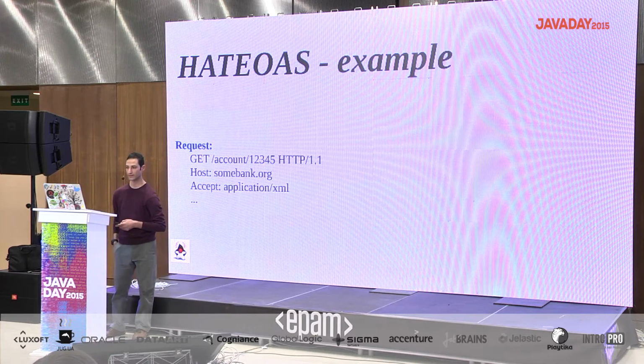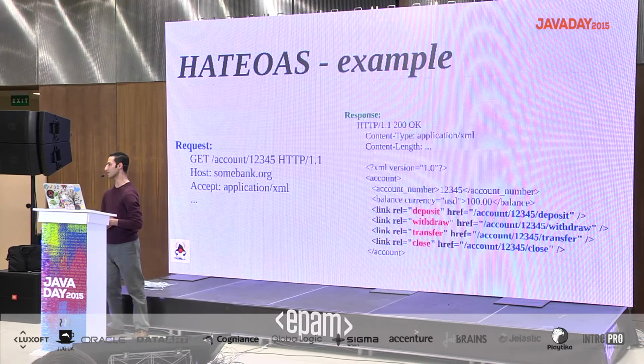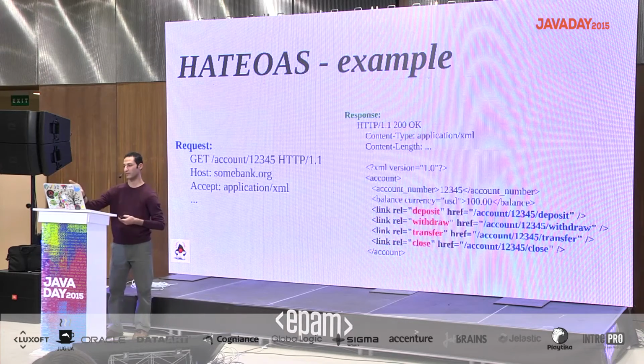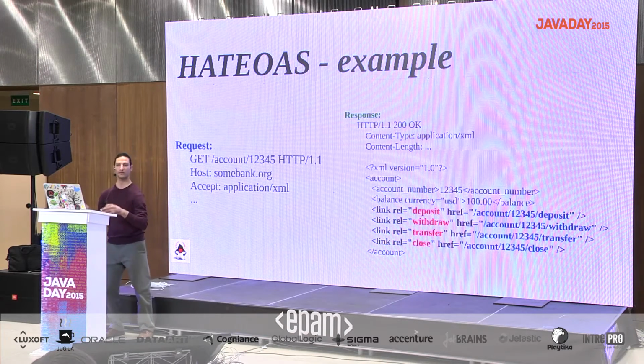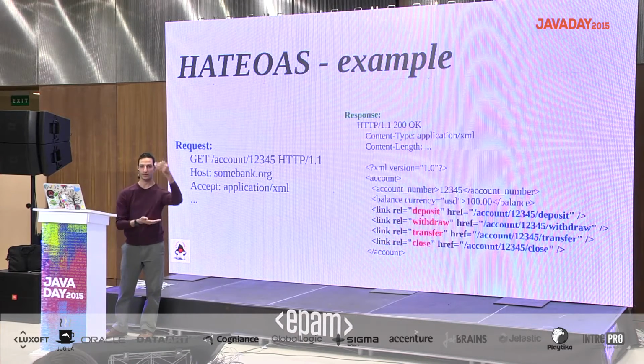This is my account. Then you get returned an XML with a bunch of other URLs, so it can be processed without your interaction. I'm giving you the links if you would like to deposit, withdraw, transfer, or close this account. So I'm providing for you the next steps, the next URLs you need to interact with in your page.